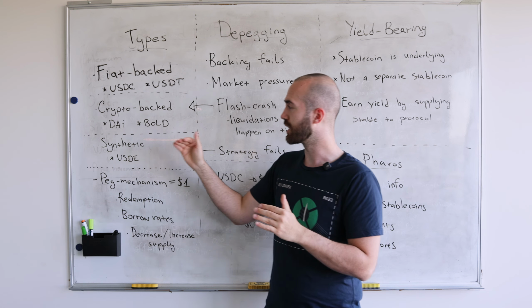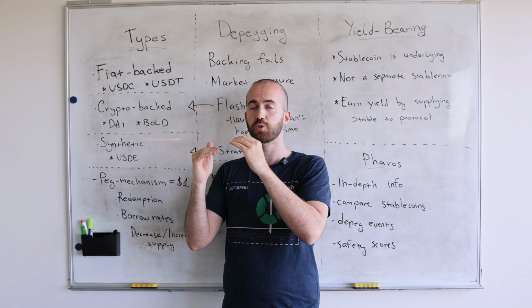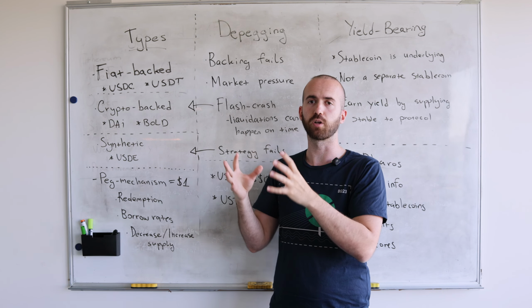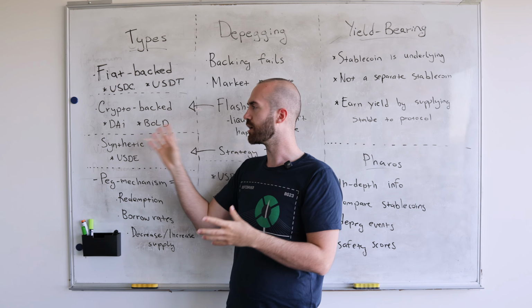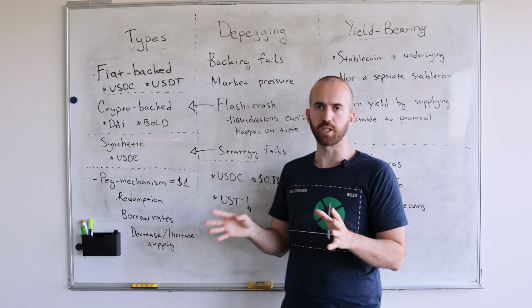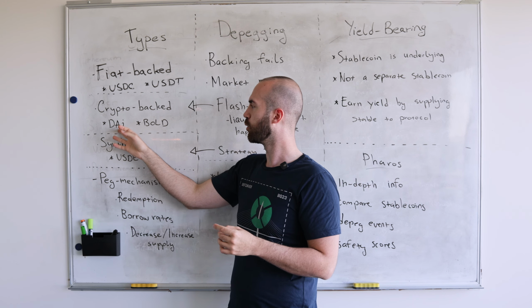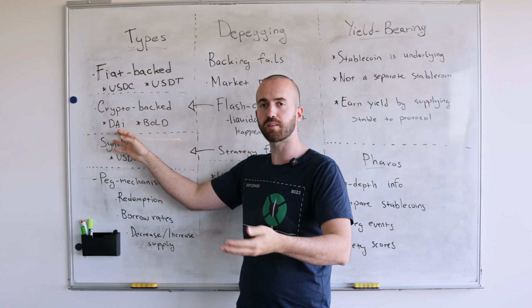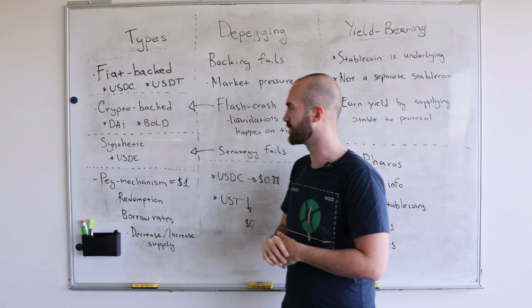That if the price of your collateral falls too close to the amount that you borrowed, the protocol is going to actually sell off your collateral and it's going to repay the debt. Super quick intro on that. Now, DAI works based off of ETH and Bitcoin collateral. BOLD is just ETH and LSTs.